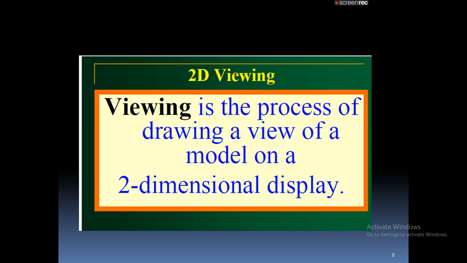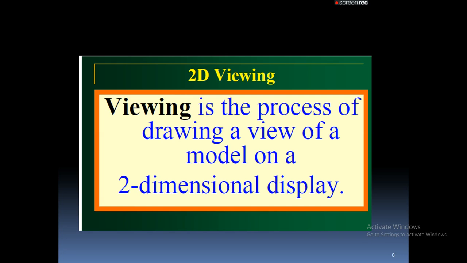Once you perform modeling, your plan is ready and your image is created, either two-dimensional or three-dimensional. But now we are discussing two-dimensional images. Once you complete modeling, it means that your object has been created.